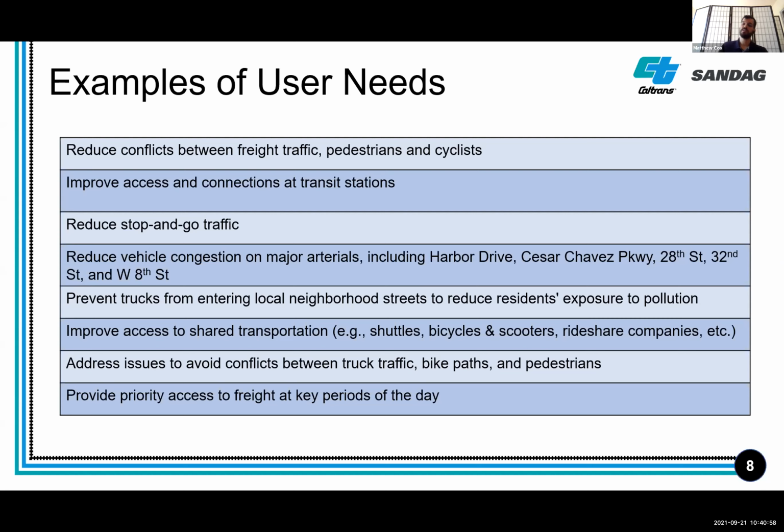Another user need that we've developed is addressing the issues to avoid conflicts between truck traffic, bike paths, and pedestrians. And finally, providing priority access to freight at key periods of the day to reduce emissions and idling and things like that, and improving congestion.